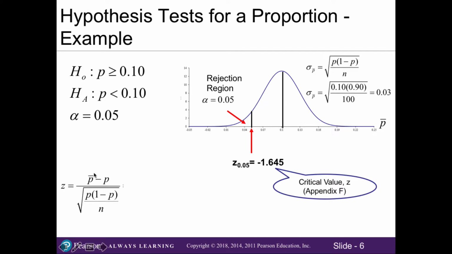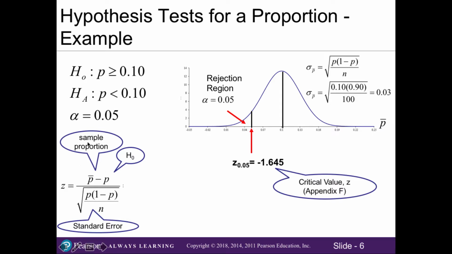So here's our formula for our Z test statistic. If you forget, here's our sample proportion, the p-bar. Here's our null hypothesis, or our hypothesized population proportion. And then down here in the denominator, this is our standard error for our sample proportion. So plugging in all the numbers we know from the problem, here's our sample proportion of 0.06, which we obtained by taking 6 divided by 100.